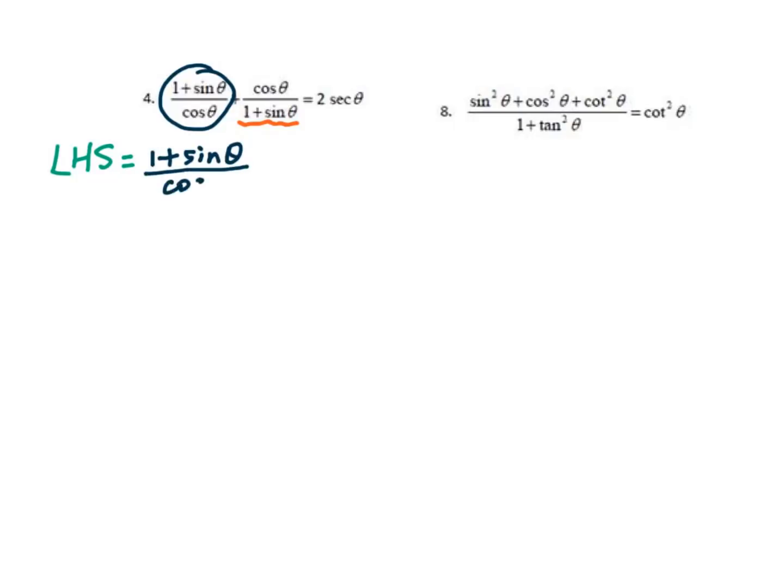Denominator, that's cosine theta, plus we do conjugate multiply for 1 plus sine theta. We got 1 plus sine theta and then 1 minus sine theta. Don't forget to multiply by 1 minus sine theta in the numerator.